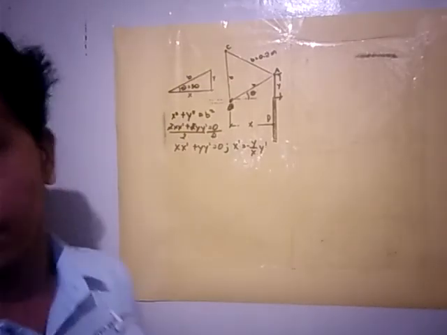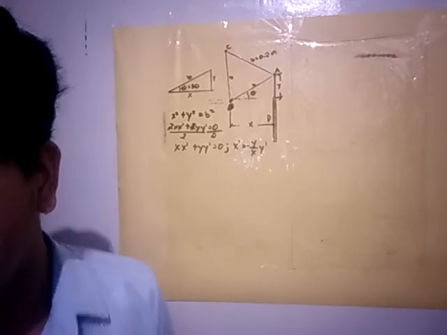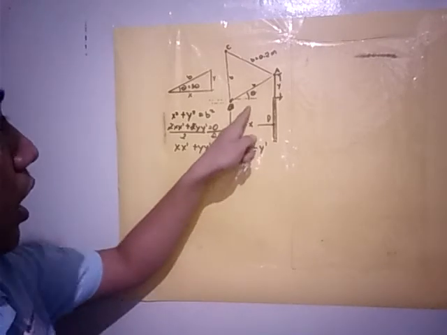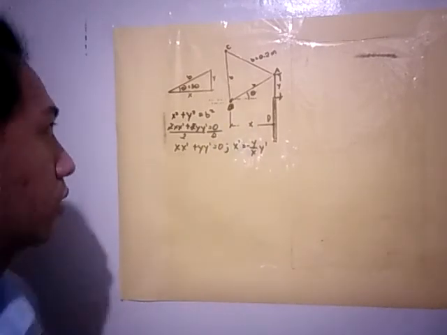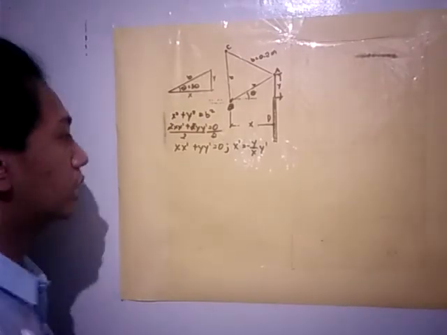It is said in the problem that we will find the acceleration and velocity when our angle is equal to 30 degrees.